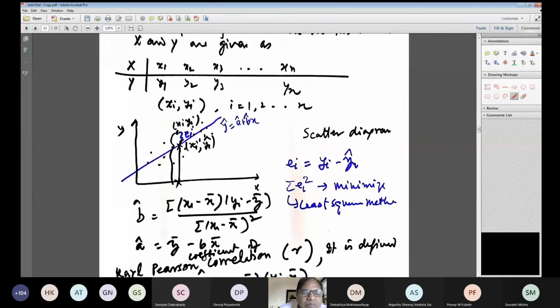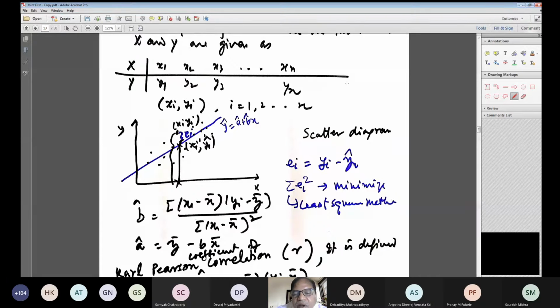Okay, so we have a pair of observations, and these n observations we just plot. On the x-axis and y-axis, these dots indicate the observations x1, y1, x2, y2, xn, yn.